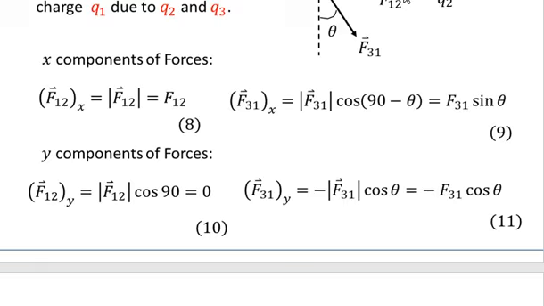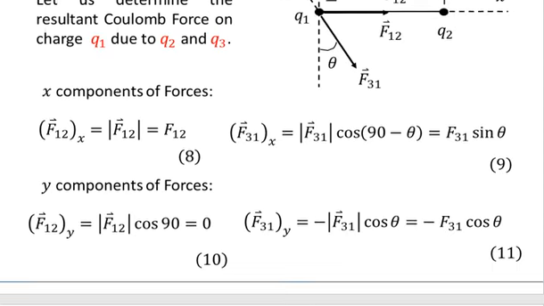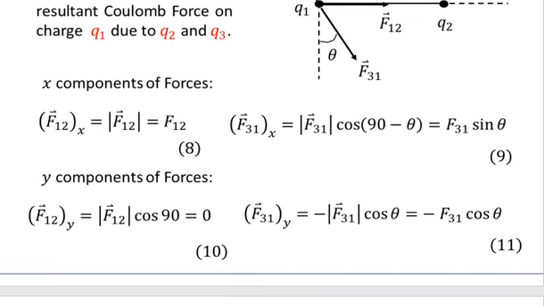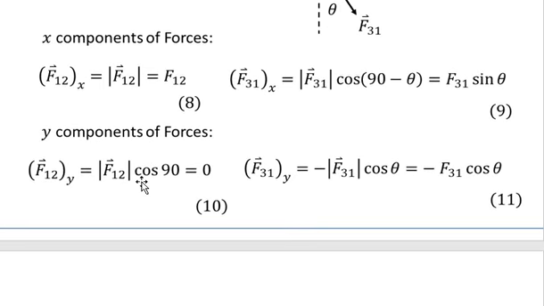You can see that the force F12 makes an angle of 90 degrees with the y-axis, because I am now going to take the projection of the force F12 on the y-axis, and the angle between the y-axis and the force F12 is 90 degrees, and cos of 90 degrees is 0. So that's why the y component of the force F12 in the direction of the y-axis is 0.